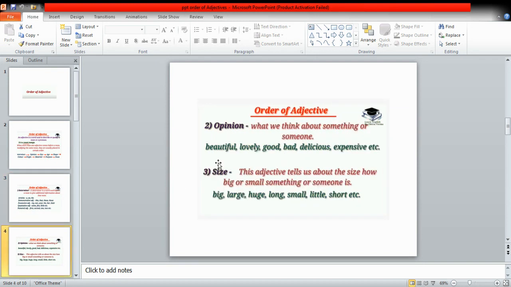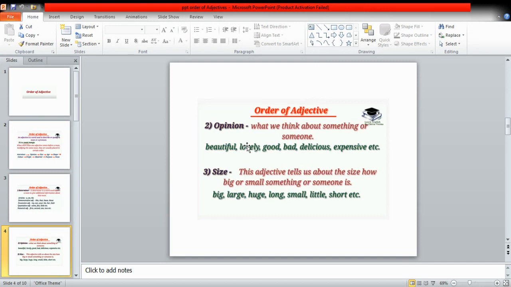Then we come to the next kind of adjective in the order, and that is opinion. What we think about something or someone. It tells us what some person thinks about the noun you are describing, like beautiful, lovely, good, bad, delicious, expensive.